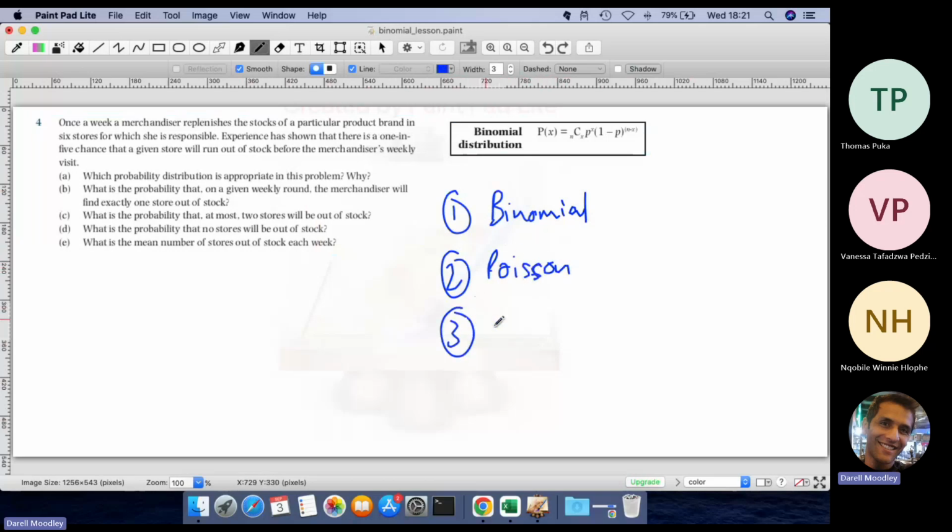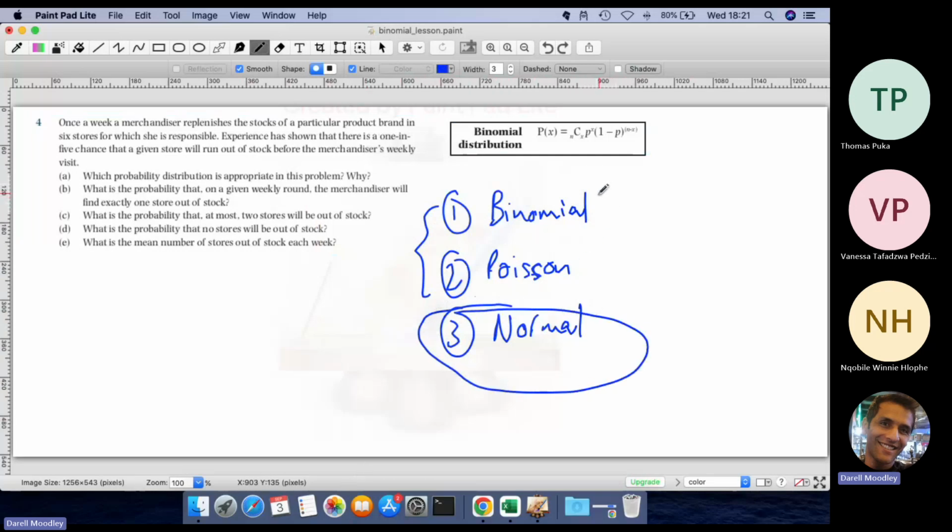And the third one is the normal distribution. These are the three distributions you'll cover. Today, I aim to complete these two. And in the next learning unit, the next synchronous session, I'll cover this one.